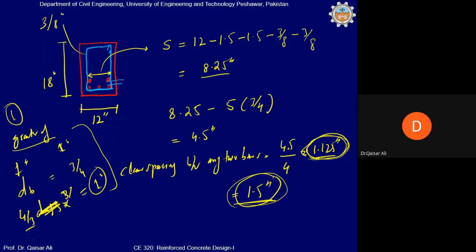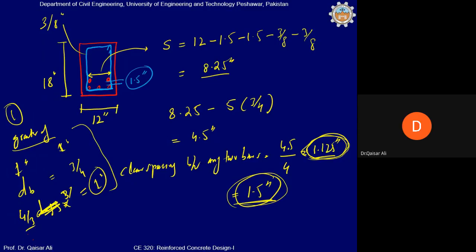Again, as per code, this clear distance between two layers shall be at least 1.1 inches, but we recommend that it shall also be equal to 1.5 inches, so that the concrete may flow around the bars and it makes a perfect bond with the steel.